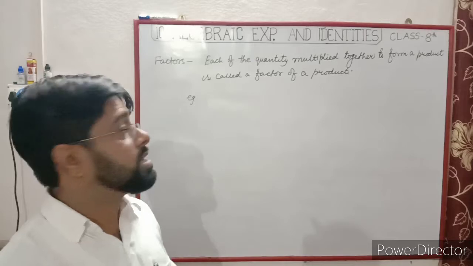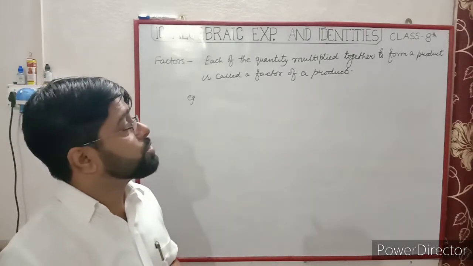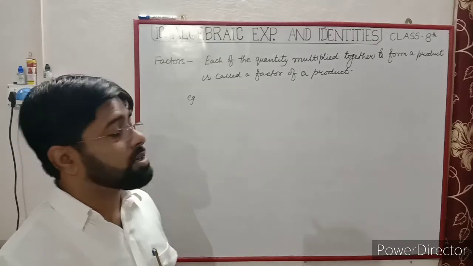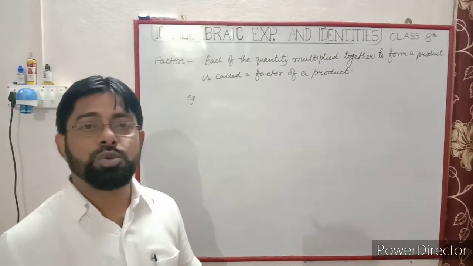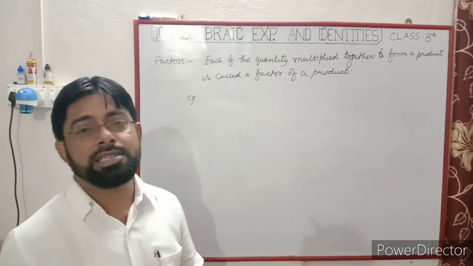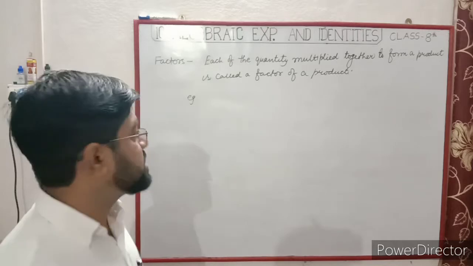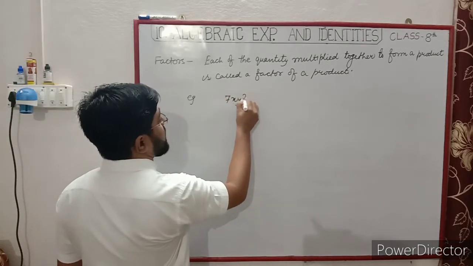Now, factors. Each of the quantities multiplied together to form a product is called a factor of a product, and a constant factor is called numerical factor, and any factor containing only literals is called literal factor. Let's see the example. 7xy square.